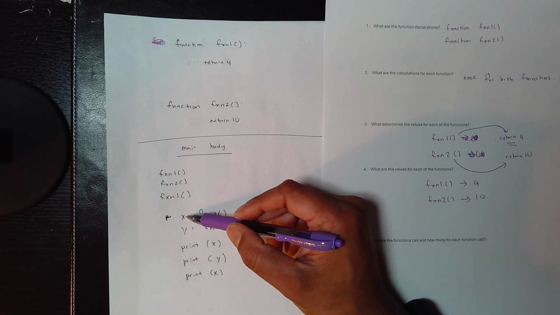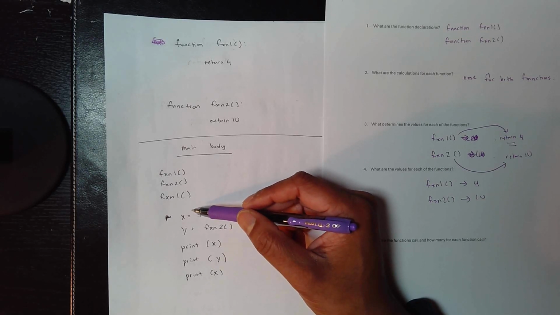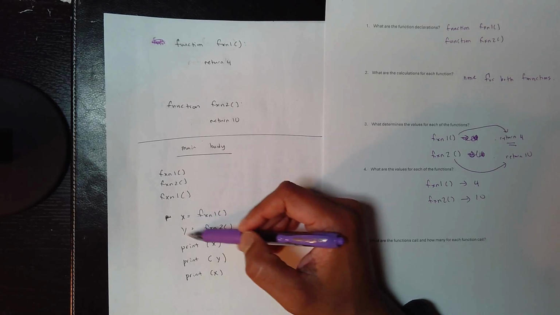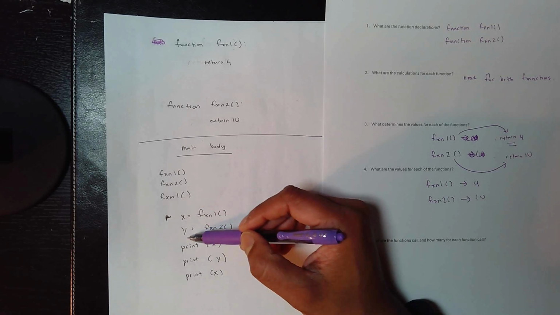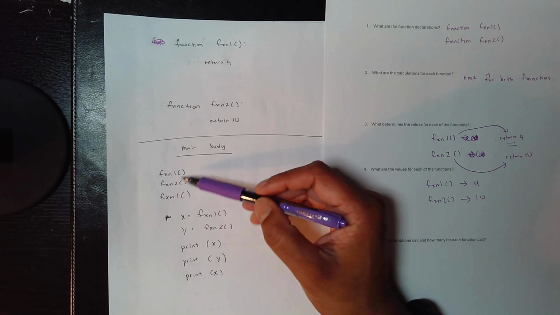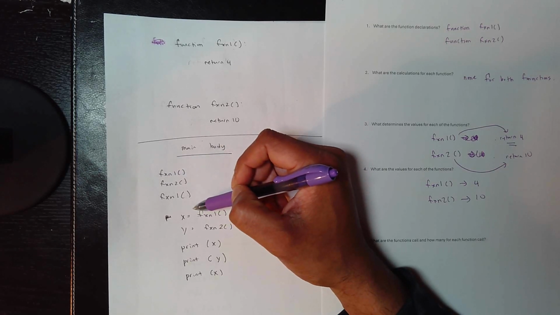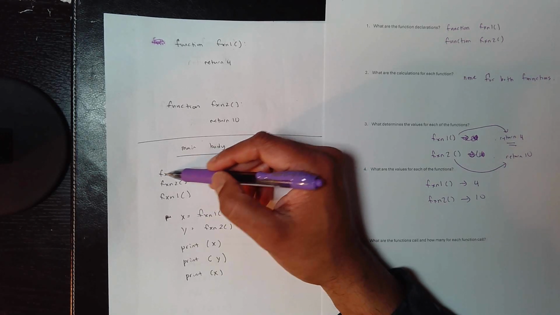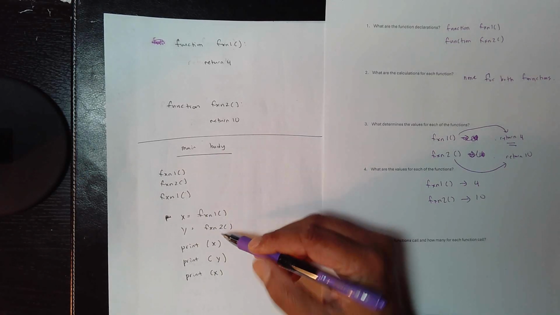It's simply x being given a value of function 1. It gets called later. In this case, x is the value of function 1, y is the value of function 2, but it's not a call. So the call is this thing by itself without any kind of equal sign in front of it. So function 1 is a call, function 2 is a call, function 3 is a call.